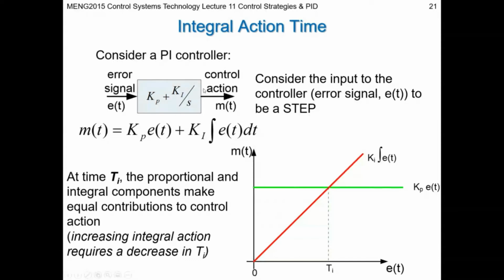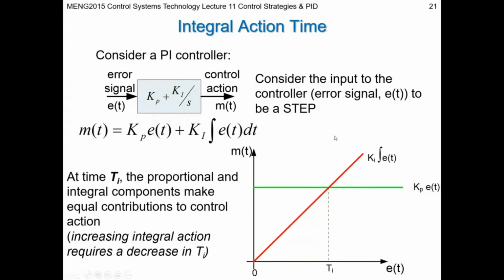But because you've got an integral here, you're adding up the area under the curve, under the green line. And of course, that area is gradually growing to the point where your integral action, the red line, equals the amount of m from your proportional controller. That's Ti.